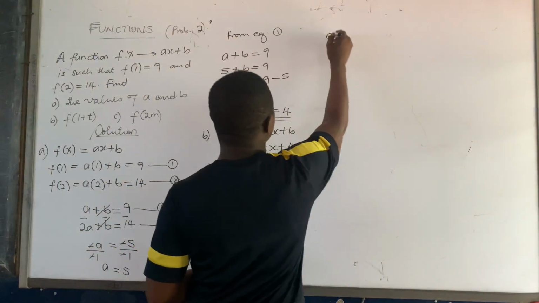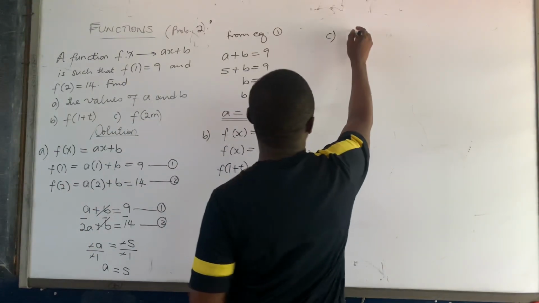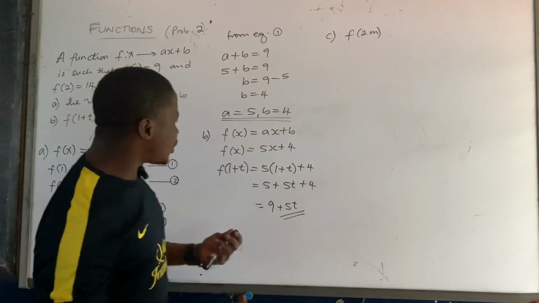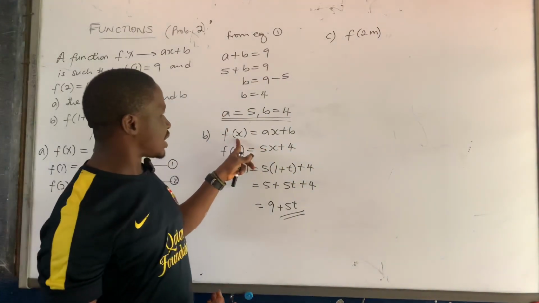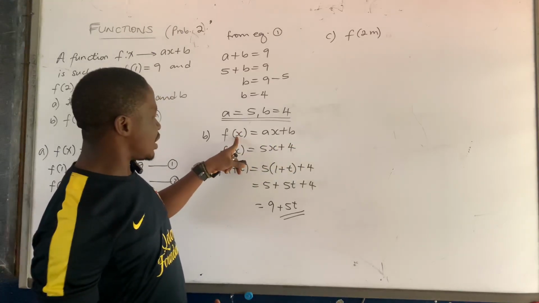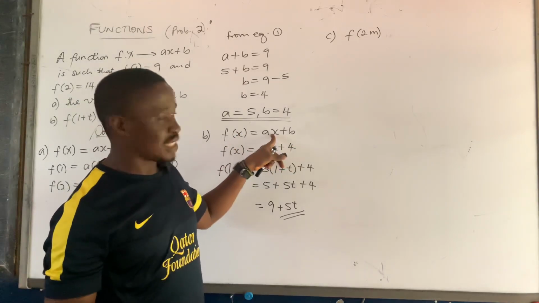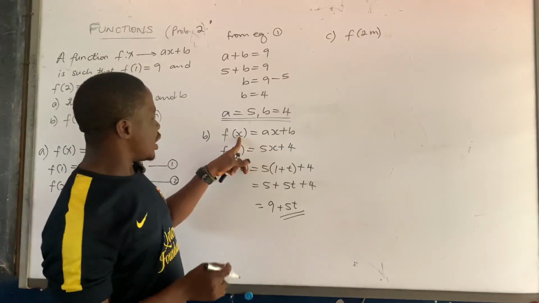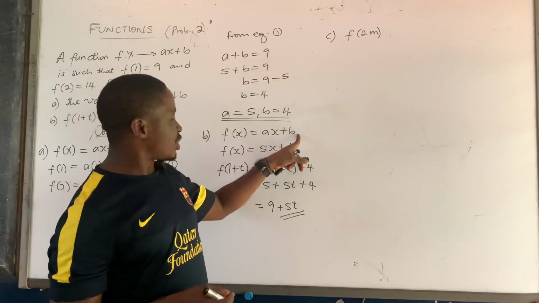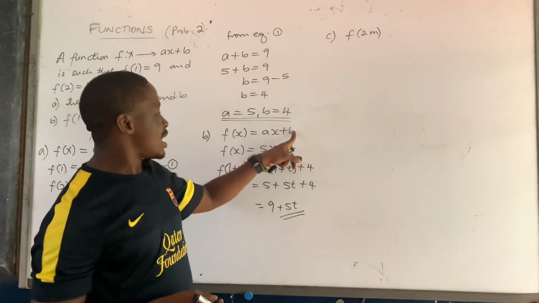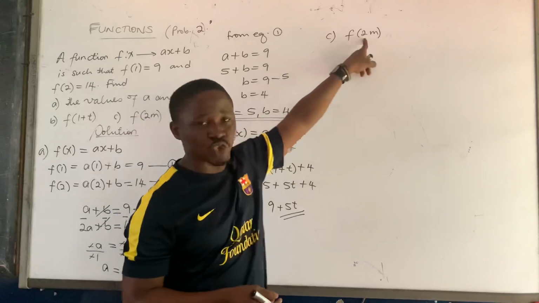So again, we want to find f of 2m. Initially, f of x gives us ax plus b. If x is m, it will be am plus b. If it is t, it will be at plus b. Now this changes to 2m.